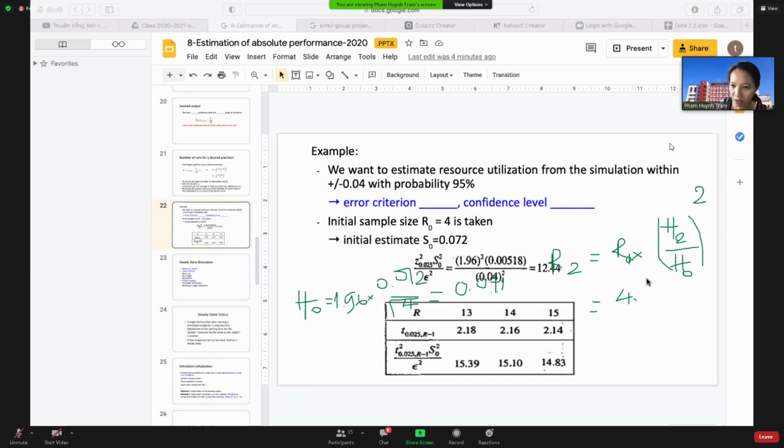multiplied with 0.07 and divided by our initial half width, which is, I'm sorry, this one is 0.04. This is our expected error, 0.04.